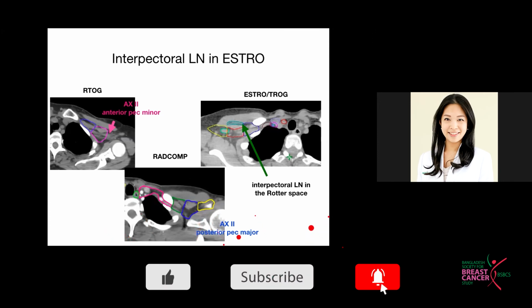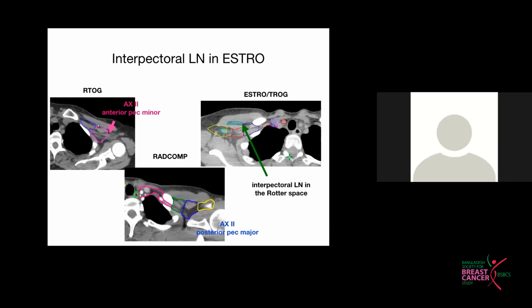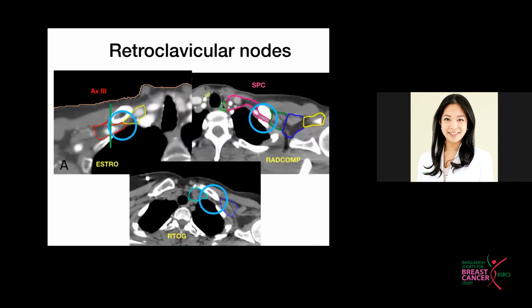But for RTOG, the anterior border of axillary level 2 is at the anterior of pec minor, so it doesn't really include the interpectoral lymph nodes. So what I would suggest is you can follow RTOG, but include the interpectoral lymph nodes as well.